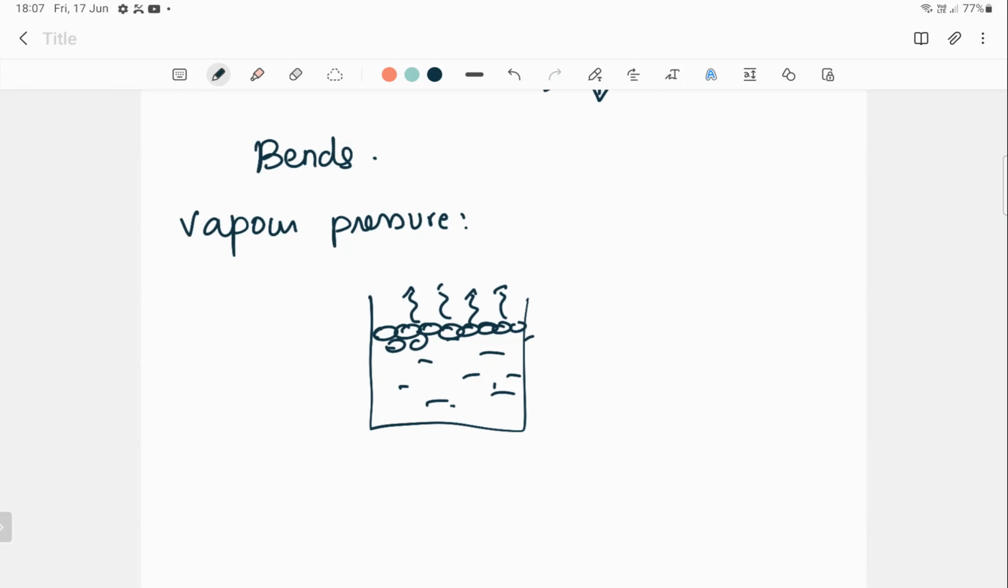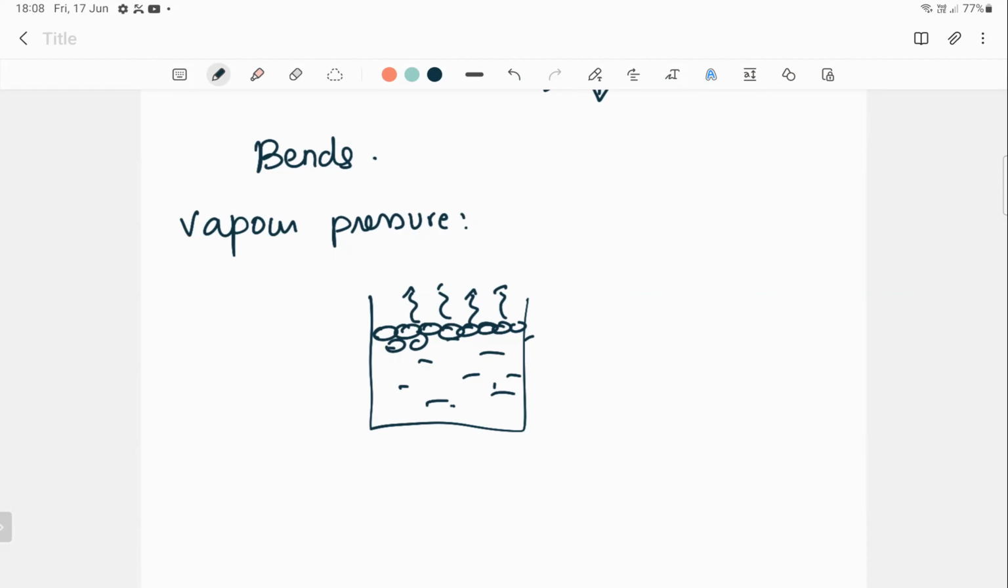I have another example, so this is one thing. Now this is vapor pressure: it's just going, hitting and coming back. Now I am doing one more thing. You want a definition for vapor pressure? It is there in your system.